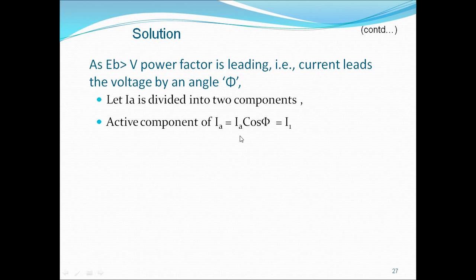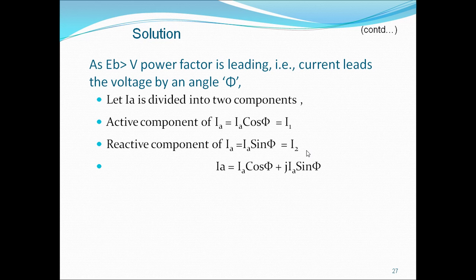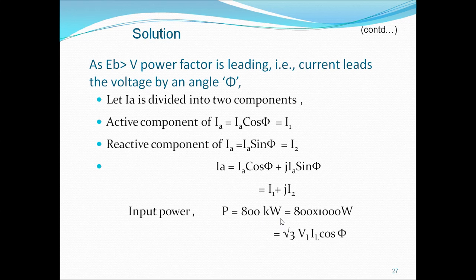So active component IA cos phi is equal to I1, and reactive component IA sin phi is equal to I2, where IA is equal to IA cos phi plus j IA sin phi. So here we represent them as I1 and I2. Substitute here, that is I1 plus j I2. So input power is equal to 800 kilowatts.